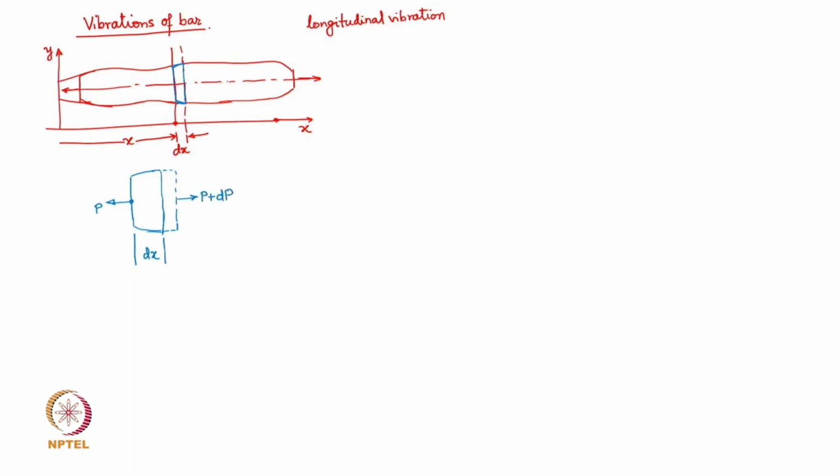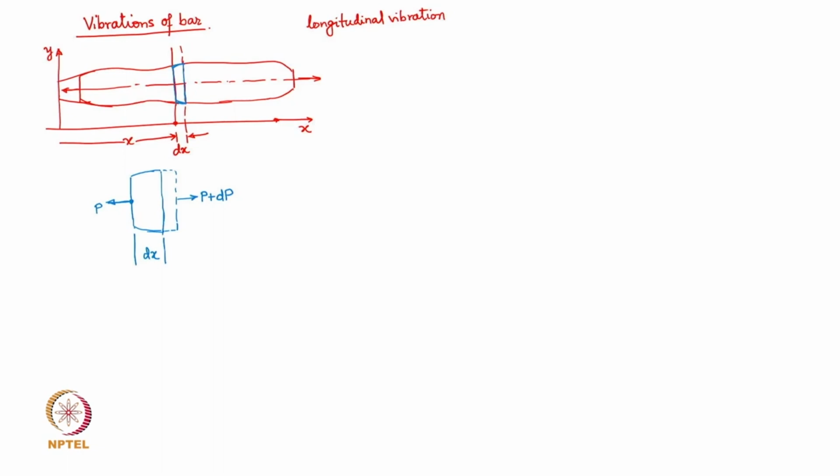Okay, so the bar is undergoing dynamic motion, and this small element is going to be under the action of the forces P at the distance x and P plus dP at the other face of this small element of length dx.